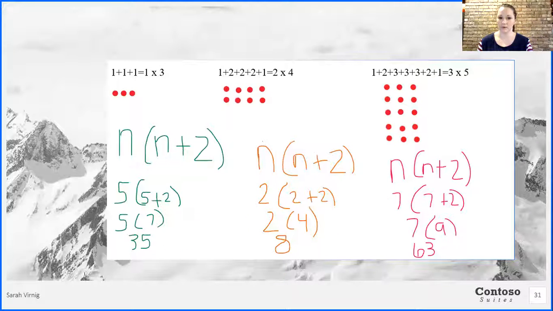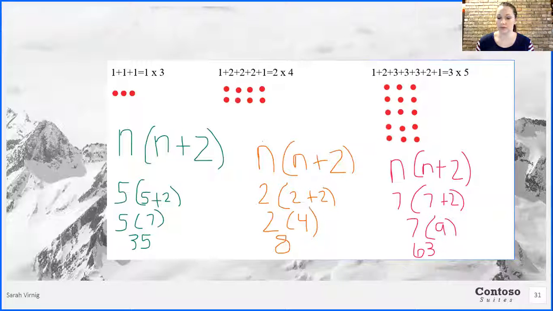Okay, our next one is we're going to check for the second term just to make sure that we're doing this right. You can always work through one example that is given to you or more than one example so that way you feel familiar with it and you know how to solve it when you don't have an example in the answer to fall back on. So n times n plus 2.